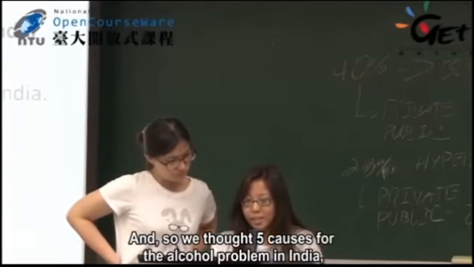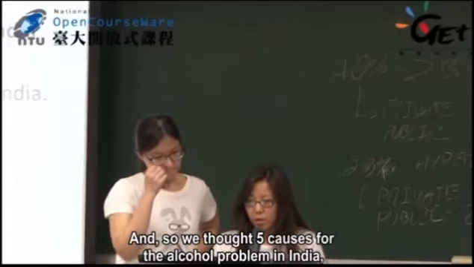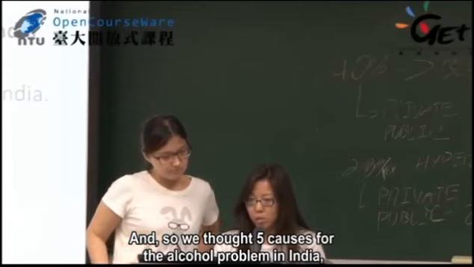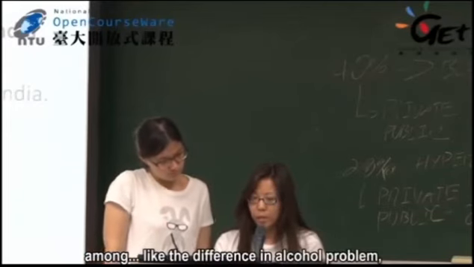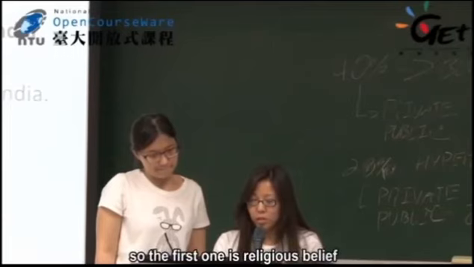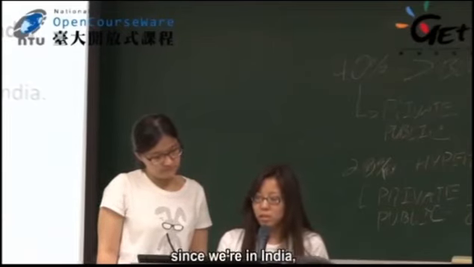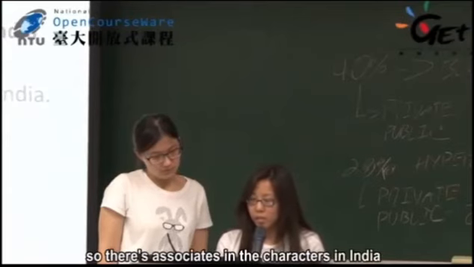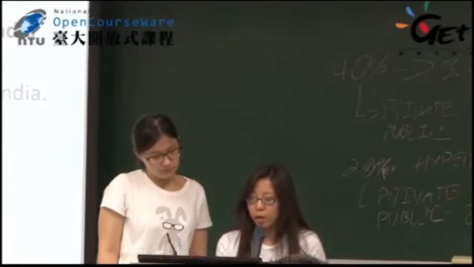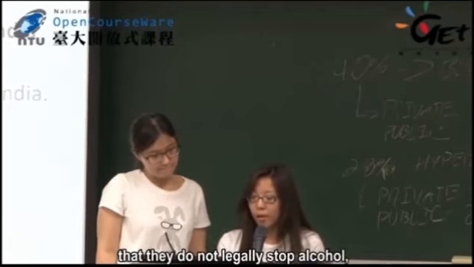So we have 5 causes for the alcohol problem in India. The first one is religious beliefs and differences in the caste system in India. There are some states and union territories in India that are dry states, which means that they do not legally sell alcohol.